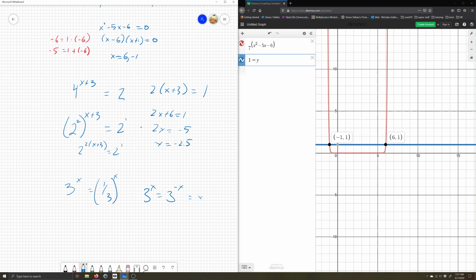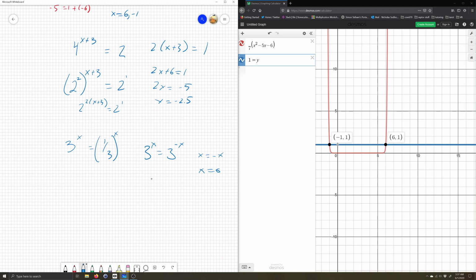And so then you get x equals negative x, so you get x is 0. But what if instead I have a squared equals b to the negative second? This is a different sort of equation. Now the bases are different.